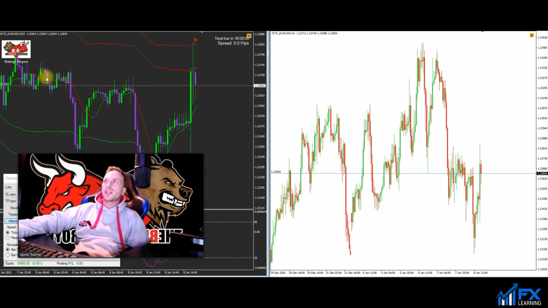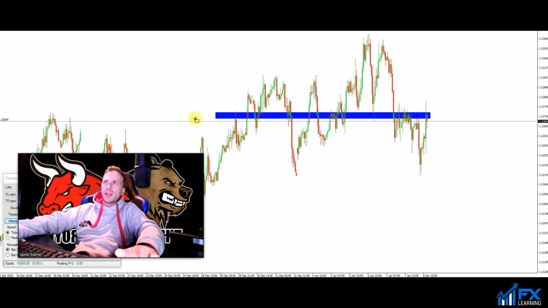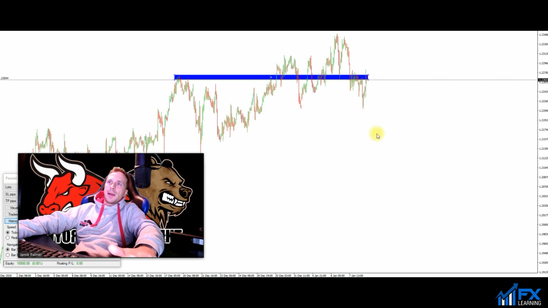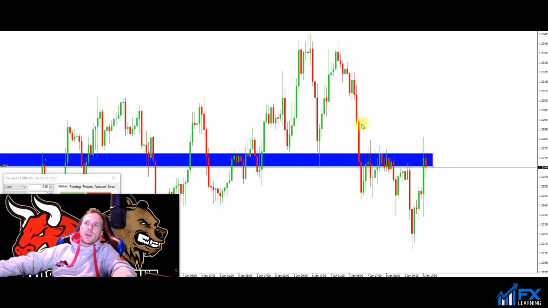I've got Euro USD on the 15-minute charts with the Mogwai strategy loaded up, and Euro USD on the 1-hour charts with pure price action. Let me mark up some areas and quickly go over it with you. As you can see, this is the 1-hour time frame.